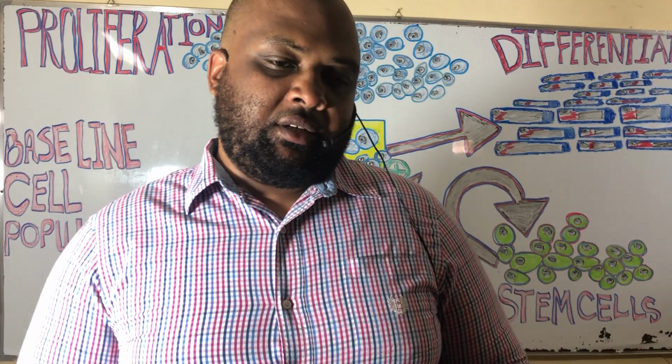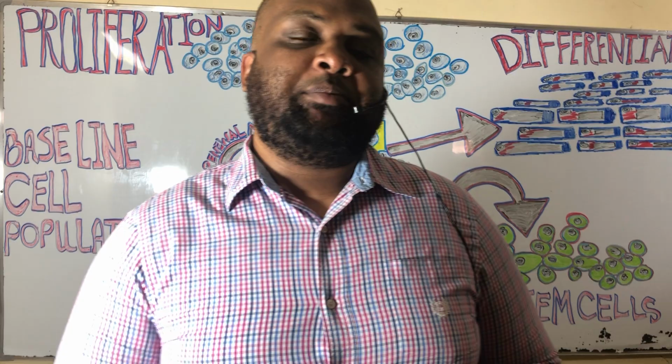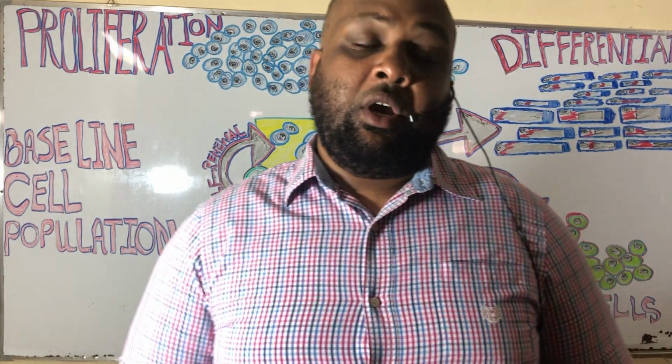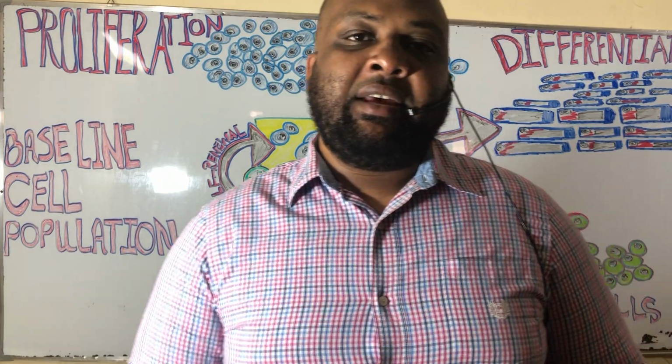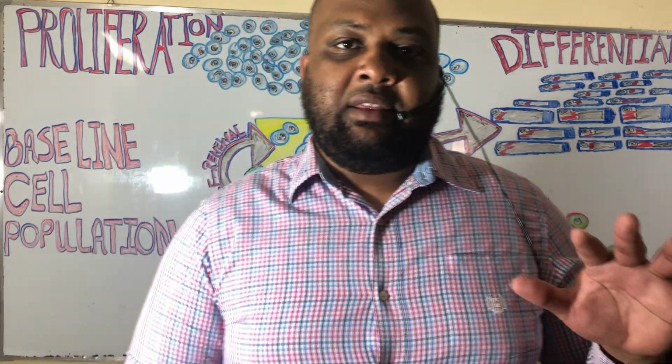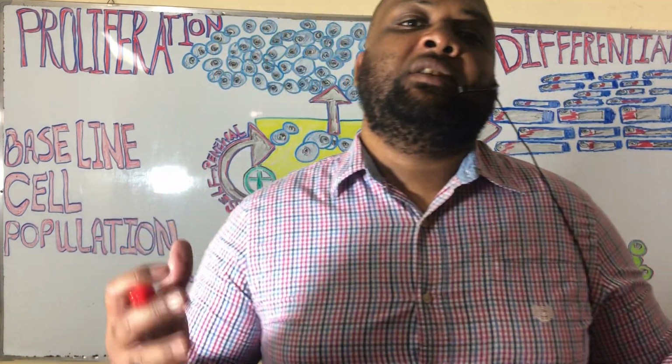Another factor that increases for us the number of cells in the population would be proliferation. And proliferation is when cells maintain their structural and functional apparatus, but they increase in number.